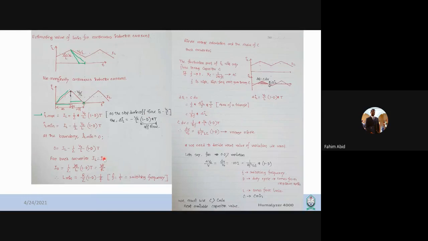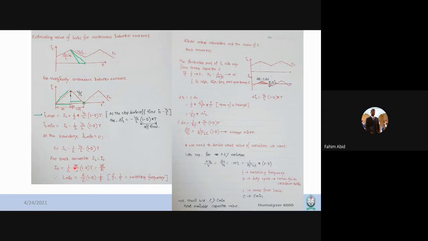So you can replace this IL with I out, and then you can replace this I out with V out divided by R.